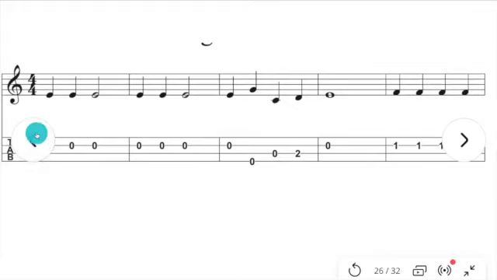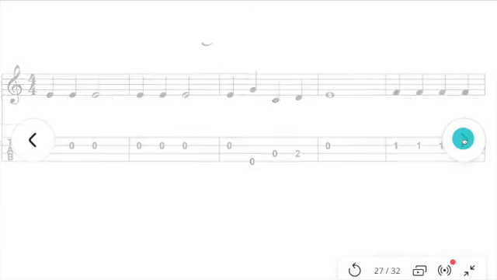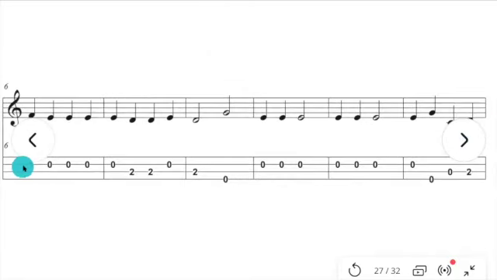Open, open, open, open, open, open, open. Then we're going to do another open, open, open, then 2, 2, open, 1, 1, 1, 1, 1, open, open, open, open, 2, 2, open, 1, 2, 1, 2.